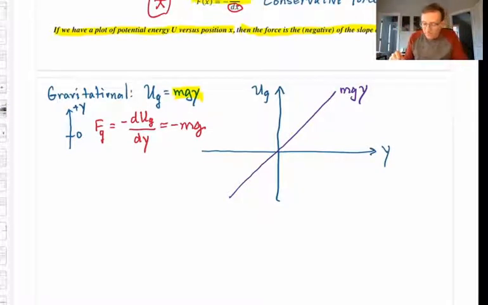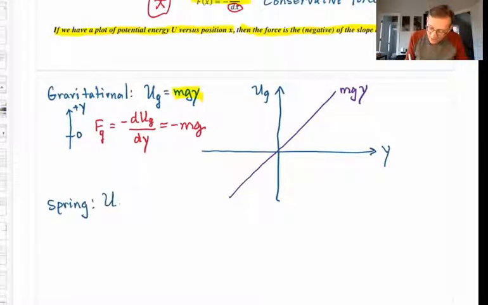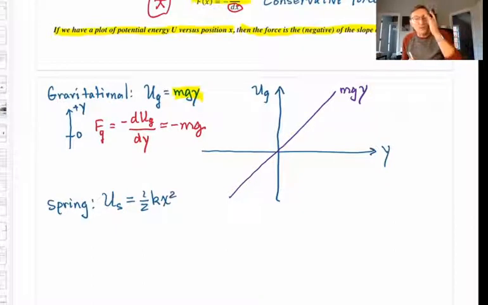So let's go on to the spring case, because that's the other conservative force we know. Then the potential energy function, U spring, is 1/2 k x squared. Little k, remember, is the spring constant, the stiffness of the spring. So here we're assuming our standard picture of a block and a spring on a horizontal x-axis, with the origin, x equals 0, the equilibrium position where the block would sit at rest.